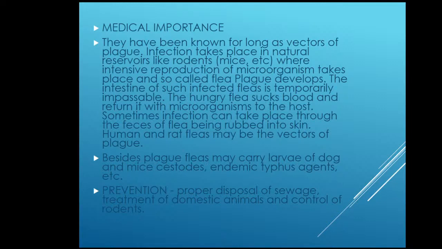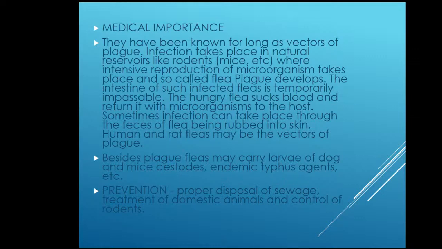But it is very important that the flea stays hungry. So it jumps from one person to another person and infects all these people with plague. So by this way, in a short period of time, the flea can infect many people. Sometimes infection can take place through the infected feces of fleas which are rubbed into the skin.